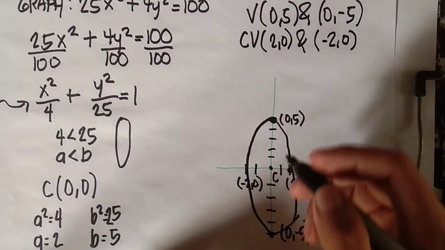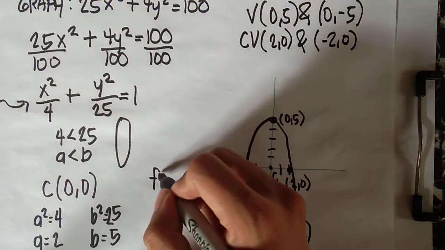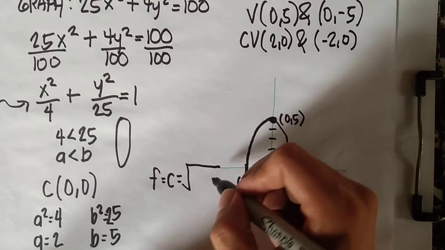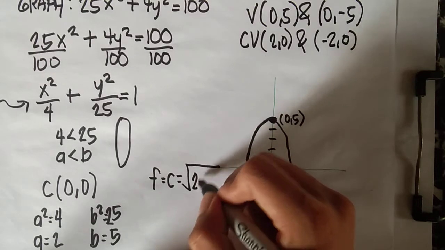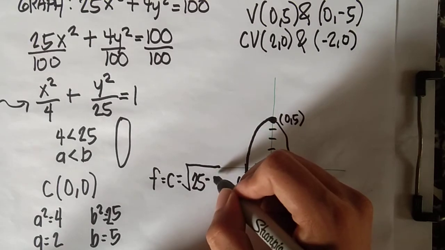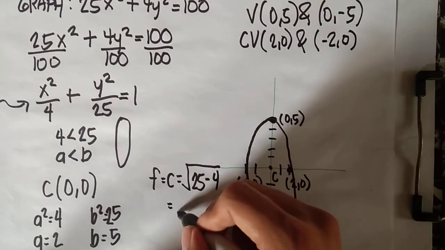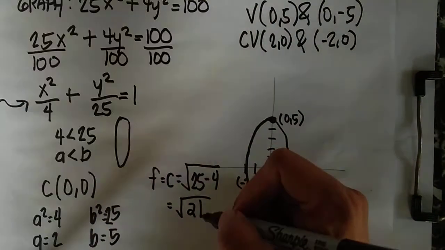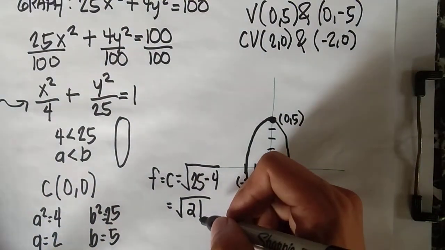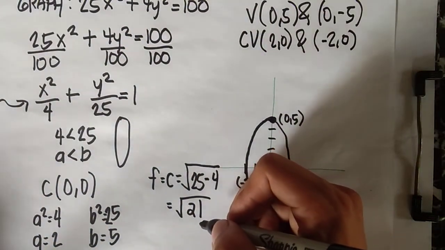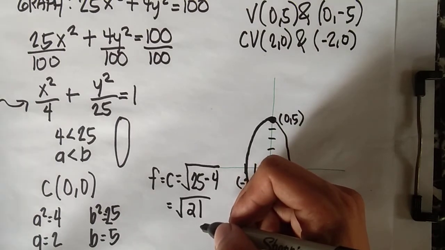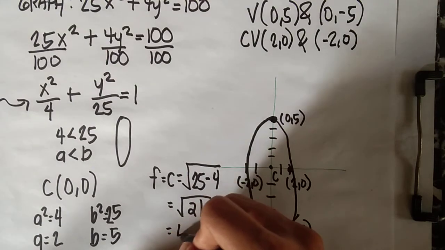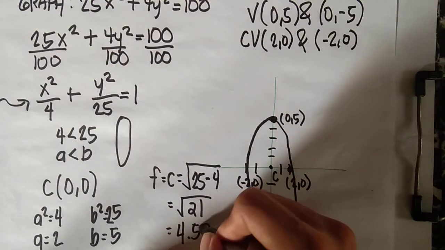And last thing to do is to solve for our foci. Yung foci natin ay equals to C. That is the square root of yung malaking number, which is 25 minus 4. So 25 minus 4, that is 21. So kapag kinompute natin yan, the square root of 21 that is equals to 4.58.